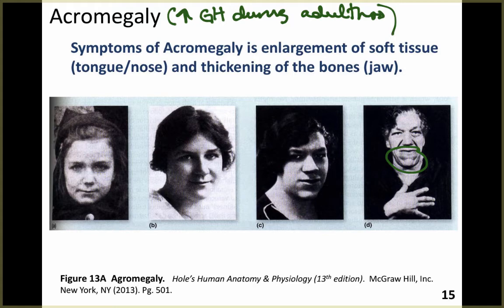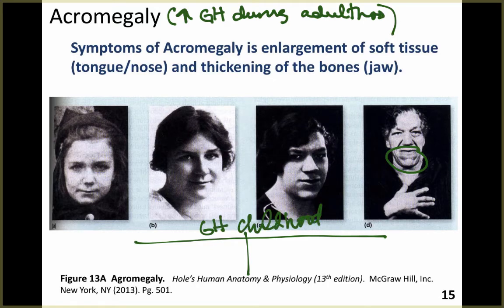Now, there are situations that we are more used to with growth hormone during childhood. So if you get too little growth hormone during childhood, this is where it becomes pituitary dwarfism.